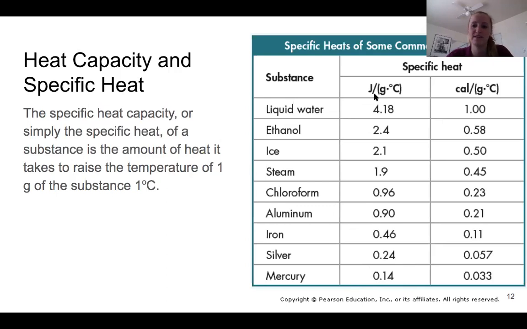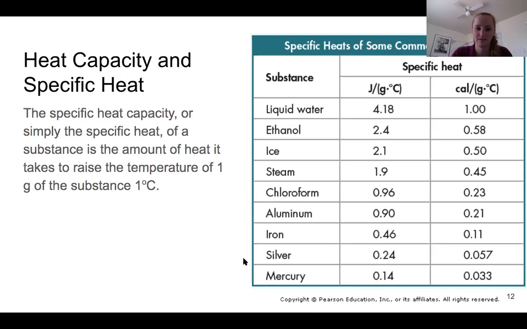We'll go more into this in a couple more chapters. So the higher the number, the more heat and energy it takes. The lower the number, the less energy it needs to change its temperature.